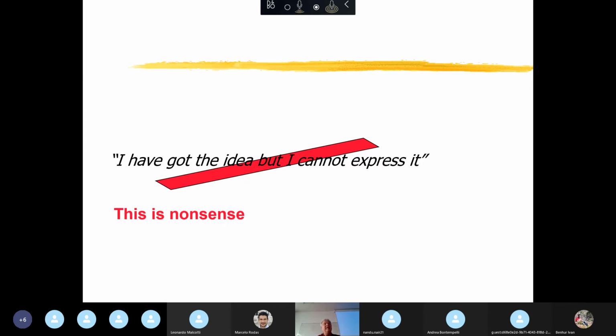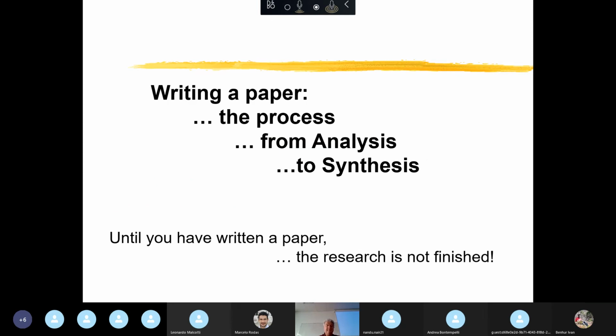If you're not able to articulate something precisely, this means that you have not worked out step by step what you want to say. Because this is really the key point that we want to make.